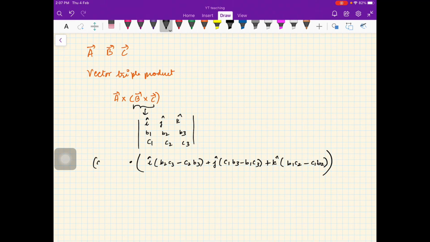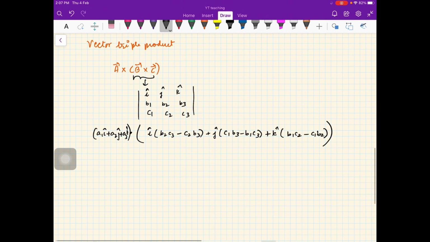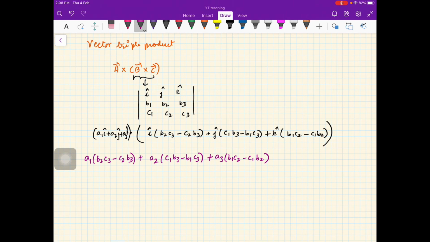And then dot product with A vector, which is A1 i cap plus A2 j cap plus A3 k cap. So when you take the dot product, what you'll get is A1 (B2 C3 minus C2 B3) plus A2 (C1 B3 minus B1 C3) plus A3 (B1 C2 minus C1 B2), right?